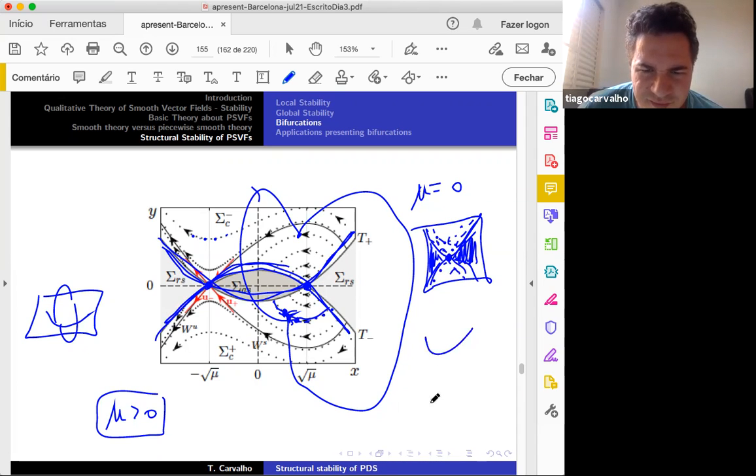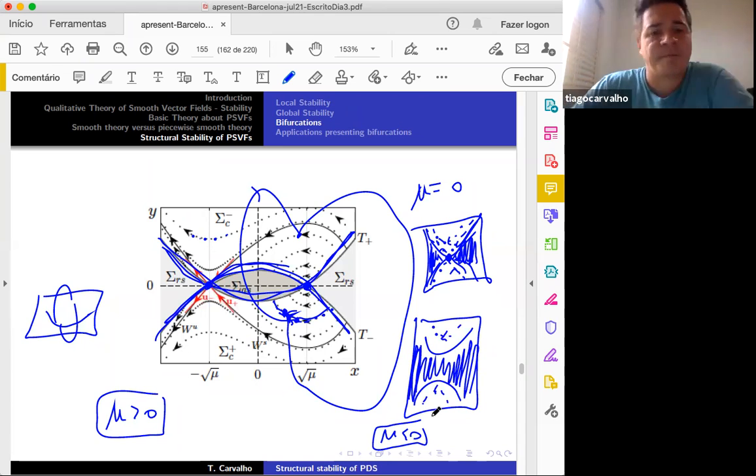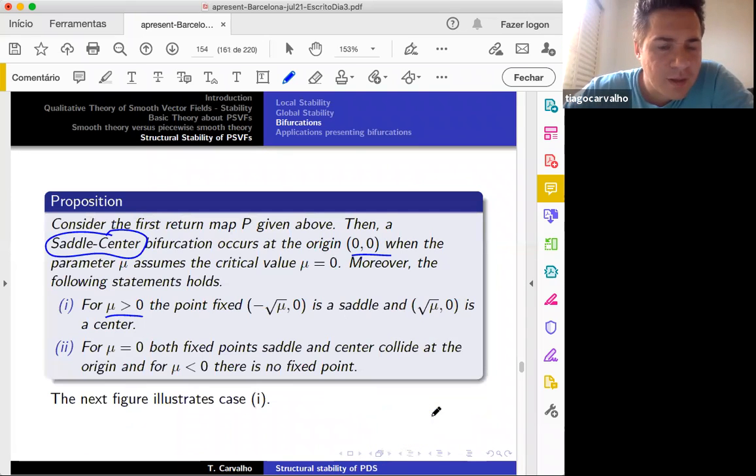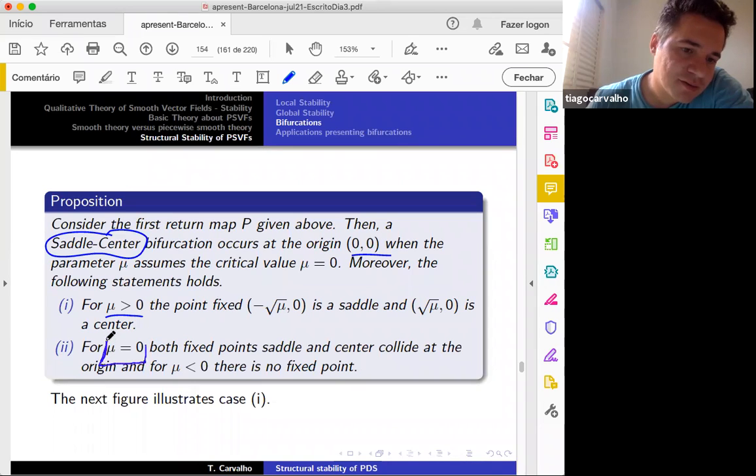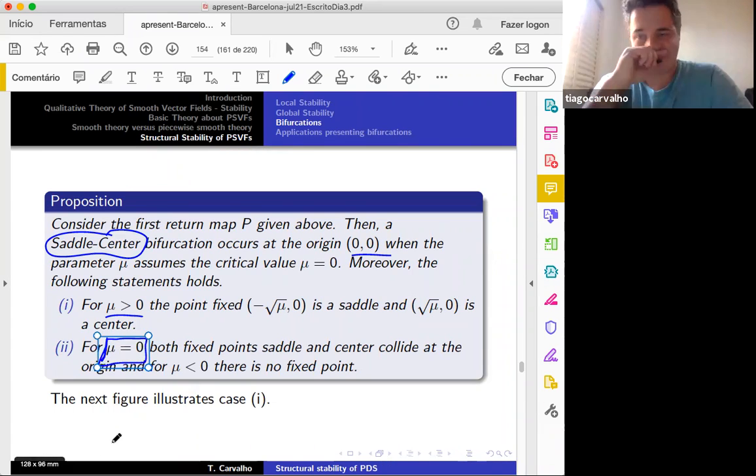And in the case mu negative, all this region is the escaping region, and the first return map has no equilibrium. So a bifurcation also occurs for the first return map at the same bifurcation parameter, mu equals 0.